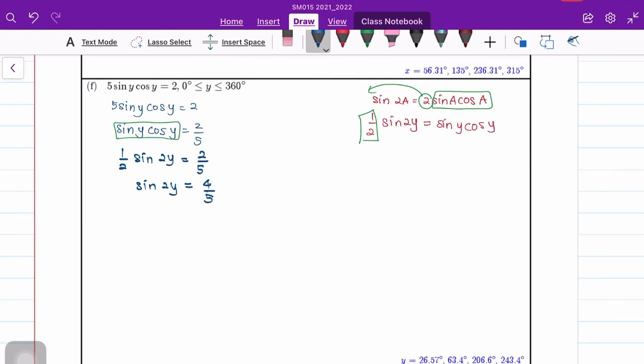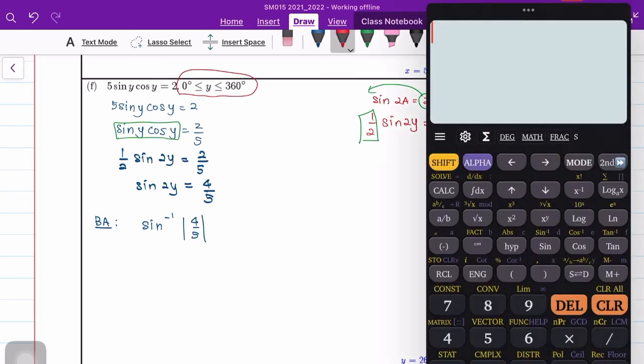So now, any calculation, we look only here. Then we look at the basic angle. Basic angle: shift sin 4 over 5. Press the calculator, it must be in degree mode. Shift sin 4 over 5. So we have 53.13.